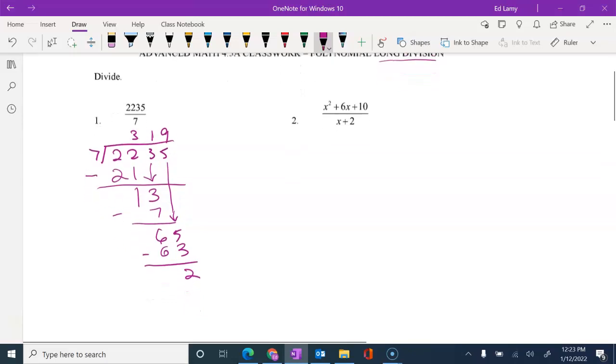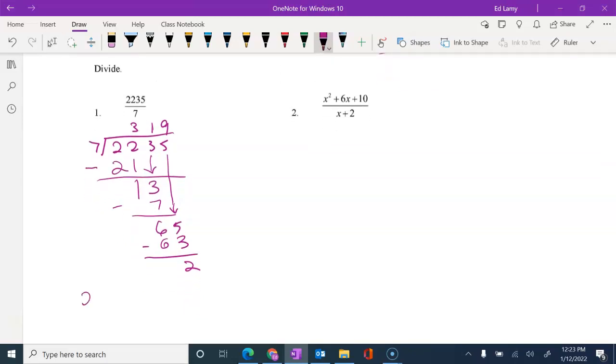So we say that the quotient, or 2235 divided by 7, is 319 with a remainder of 2. Or we say 319 and 2 sevenths. That's the remainder.